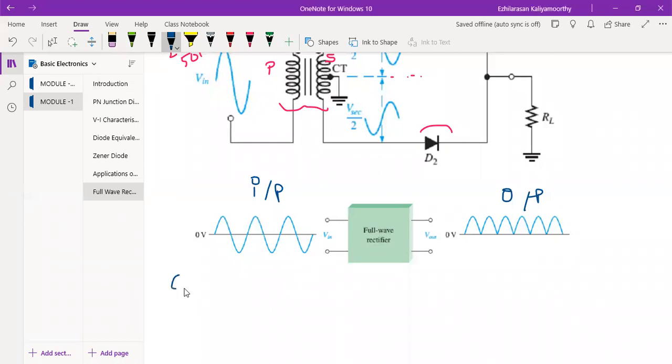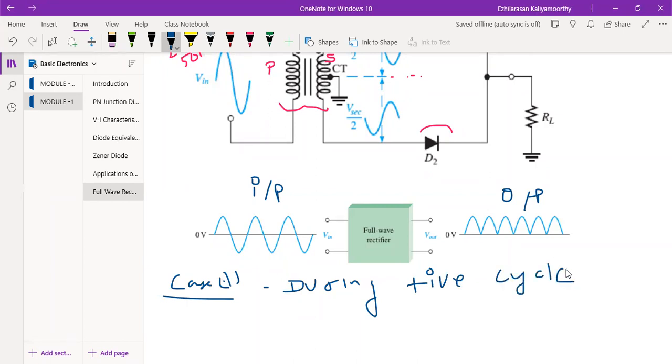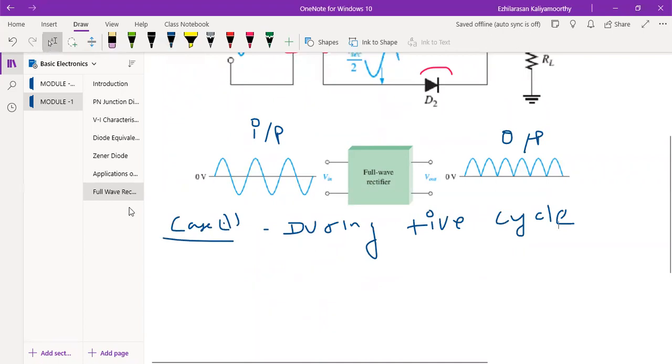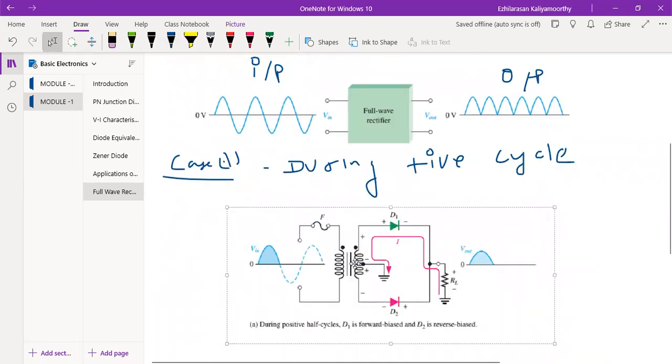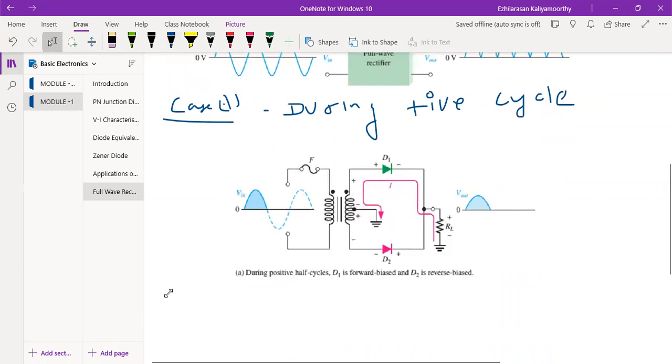First, case 1: positive cycle. This is the diagram.